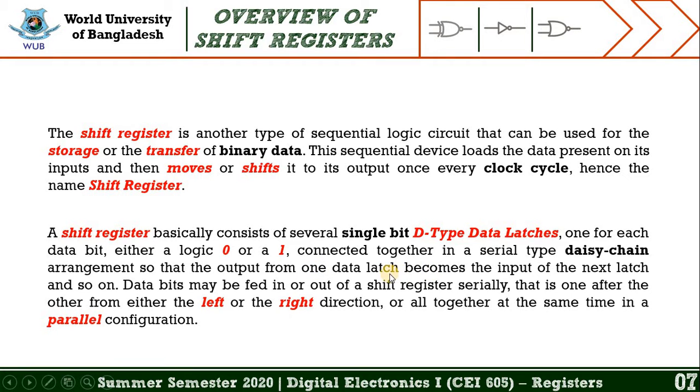Data bits may be fed in or out of a shift register serially, that is one after the other from either the left or the right direction, or all together at the same time in a parallel configuration. Now we need to move into the next slide.